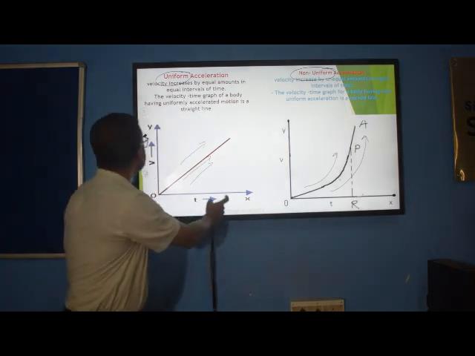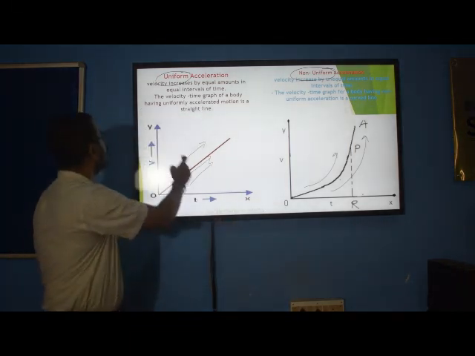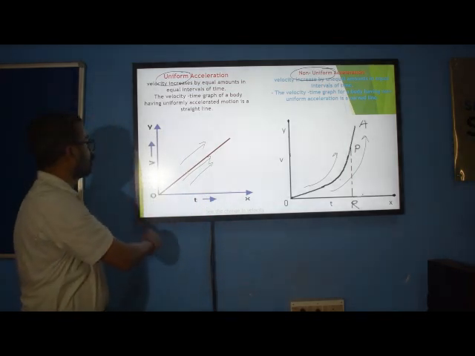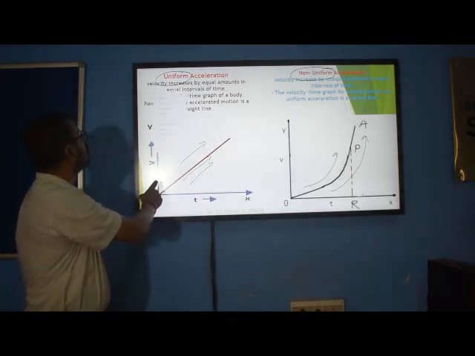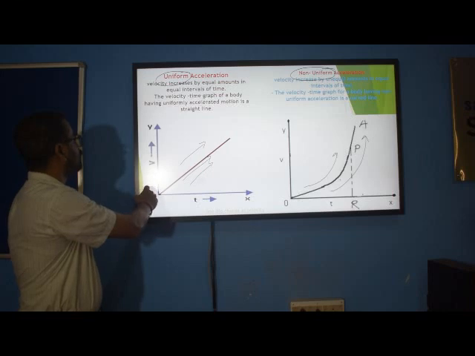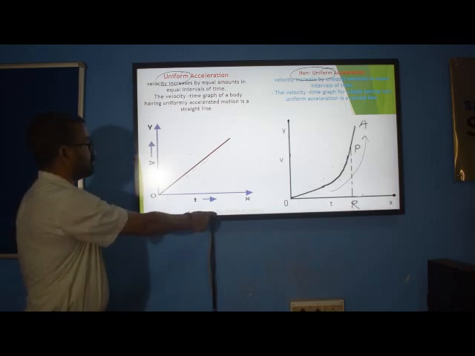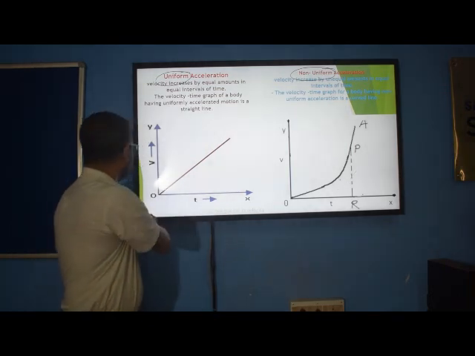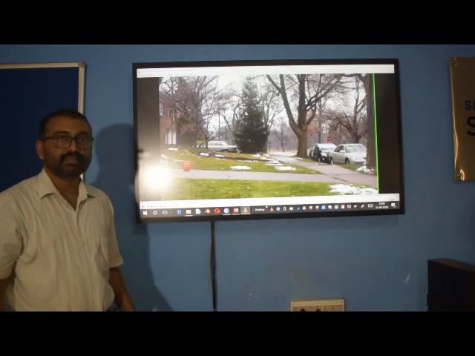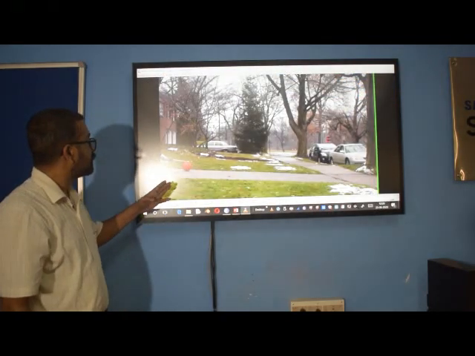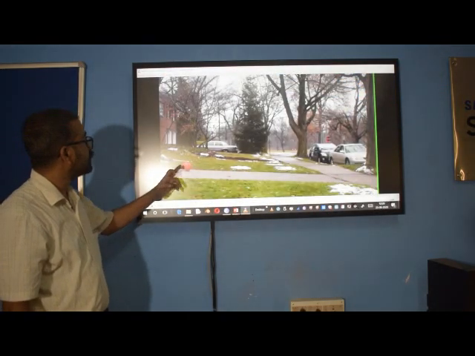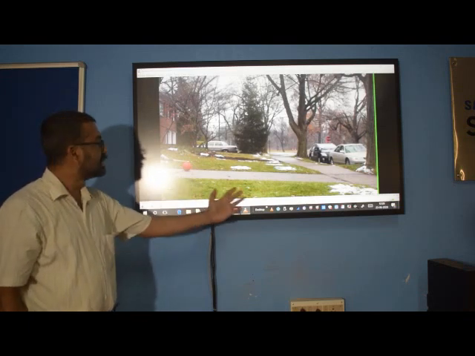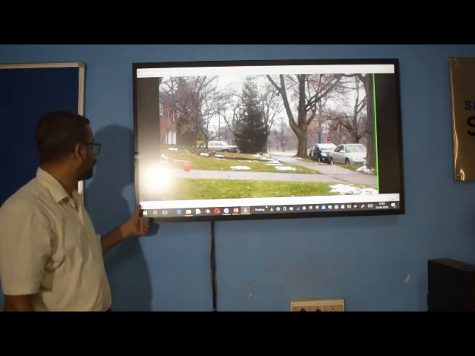Now let's see this one. Here we can see how the velocity of this particular ball, which is rolling down the road, changes.